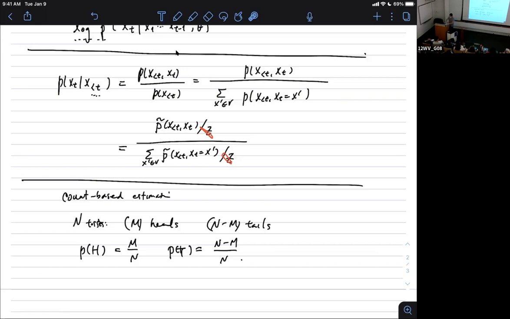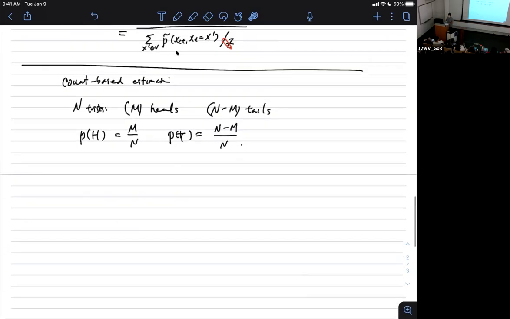So then let's try to do language modeling without stochastic gradient descent. Was there a question? No. Okay.